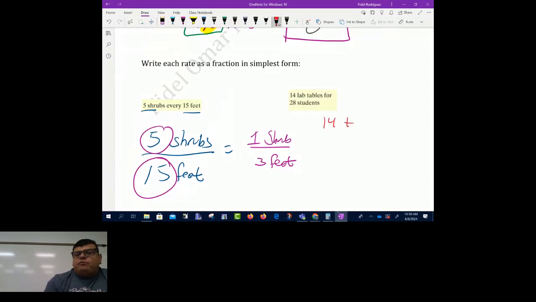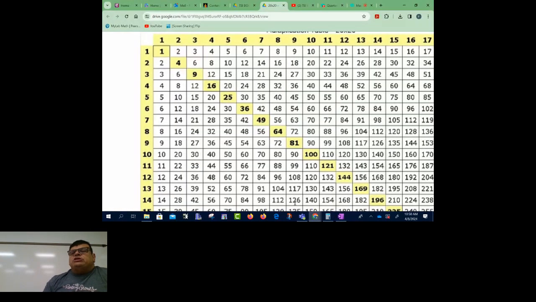Okay. Let's take a look at the next one. If we have 14 tables for 28 students, okay. All right, so let's take a look here, y'all. Let's see if there's something we can figure out. I'm going to come back to my chart, okay? And I want to see, do I see a 14 and a 28 either in the same column or in the same row? In the 14s, right?